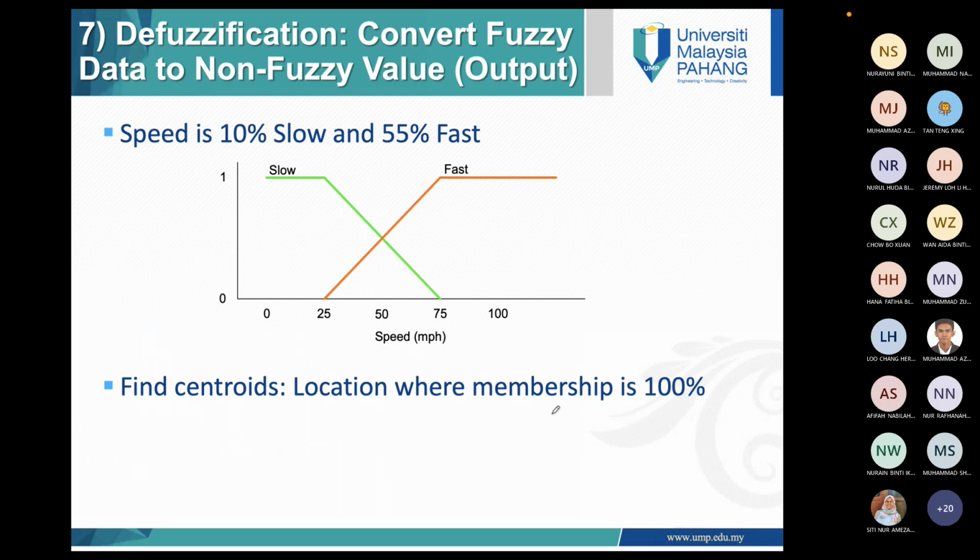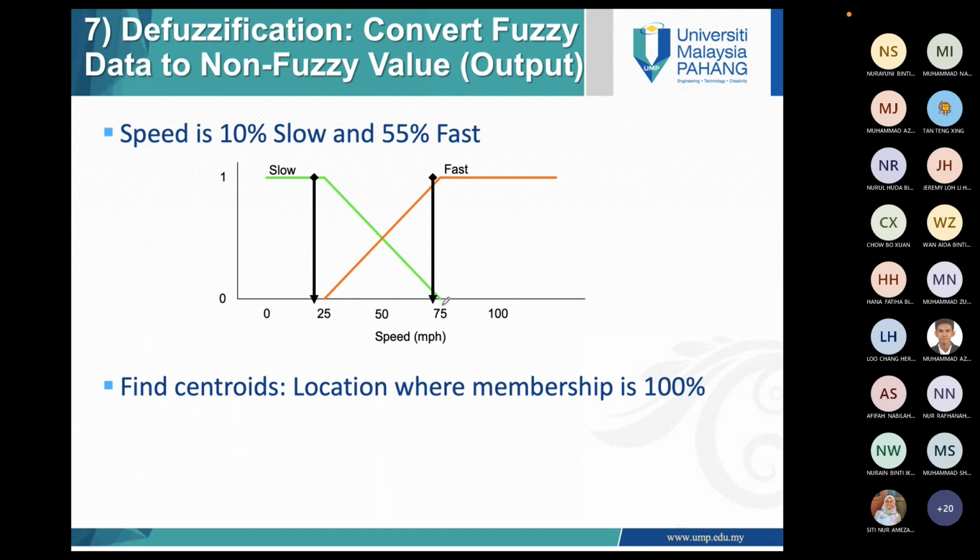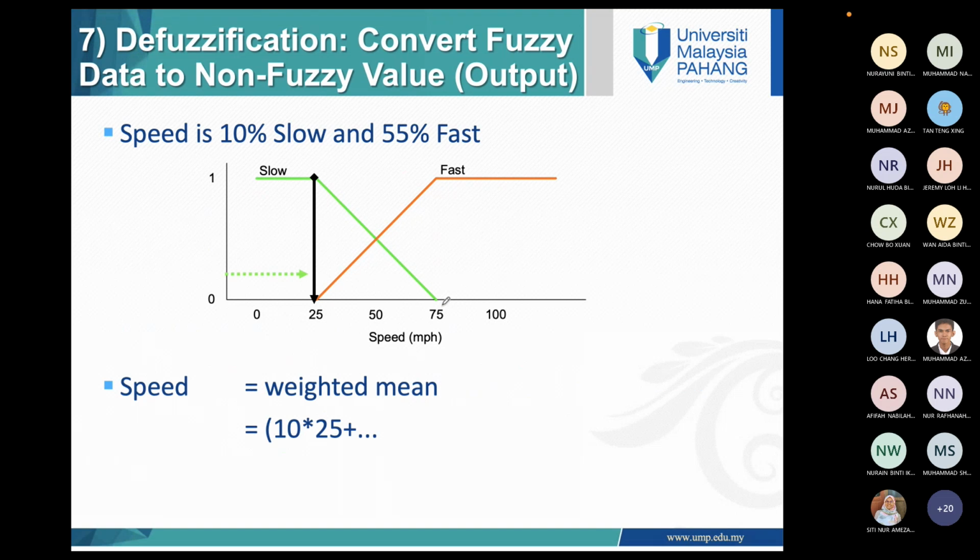The centroid location where the membership is 100%. If you remember earlier, the membership 100% should be here, right? So we have 25% at 25 mph and 75 mph. So we have the weighted mean here.